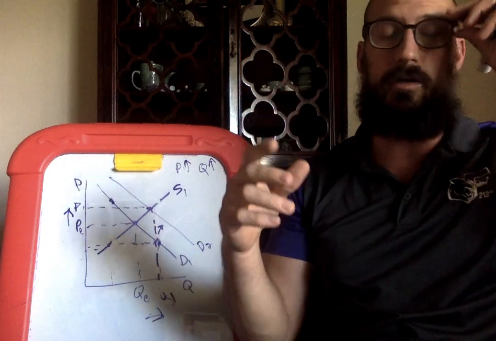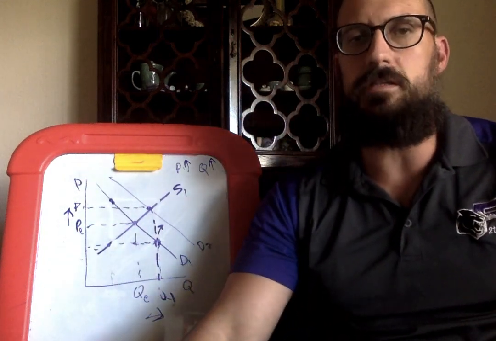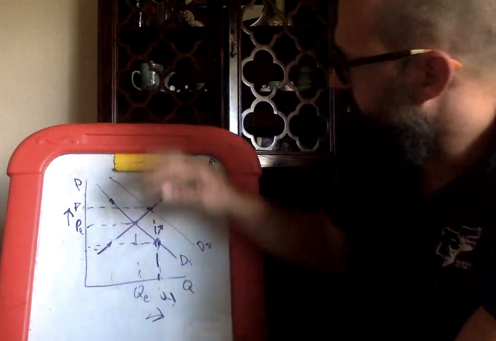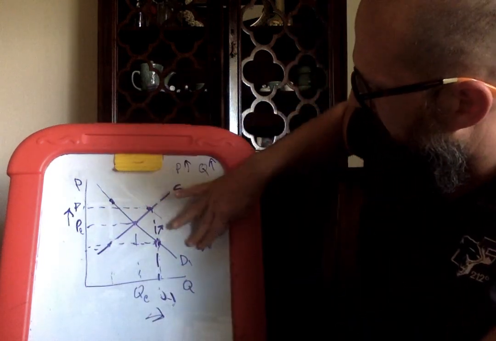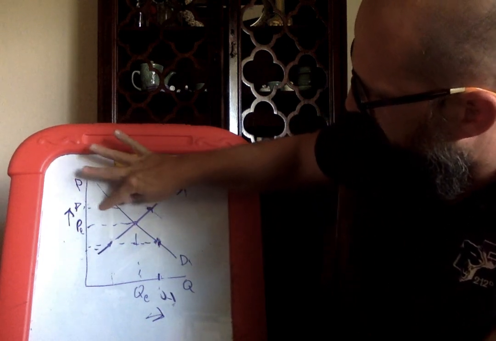Now let's look at what happens when we change the price of a product. So if we increase the price of a product, well, that doesn't shift the curve. So what is that? That's movement along the curve.